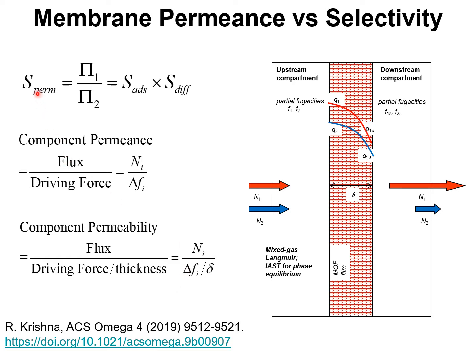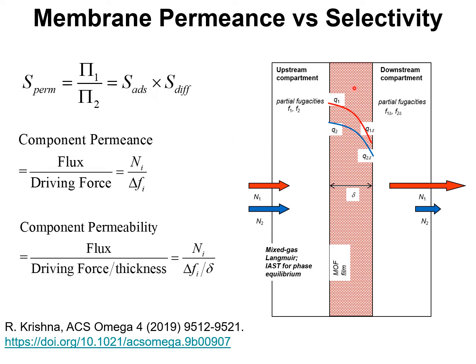The permeation selectivity is defined as the ratio of the component permeances, or it may be defined as the ratio of the component permeabilities. It is easy to derive a simple expression for the permeation selectivity. It's a product of the adsorption selectivity and the diffusion selectivity.